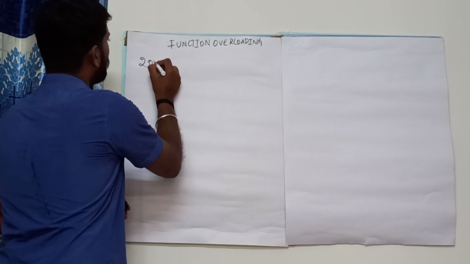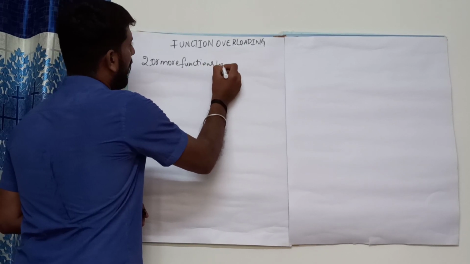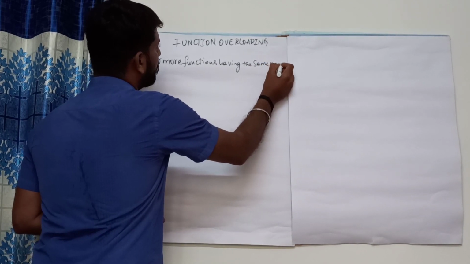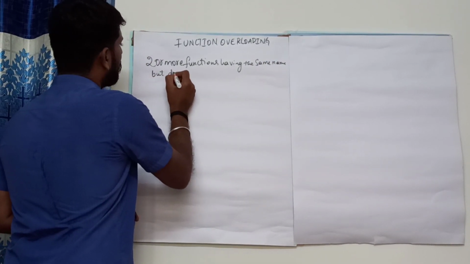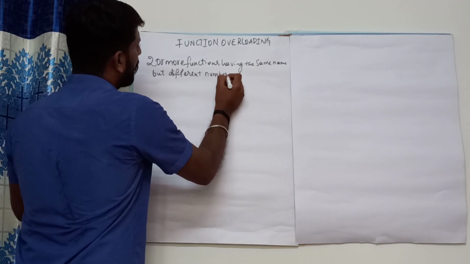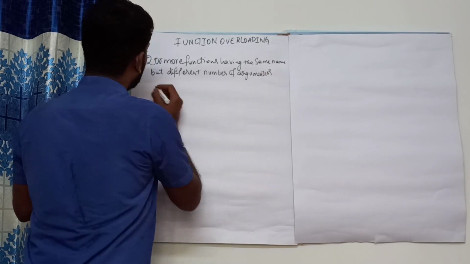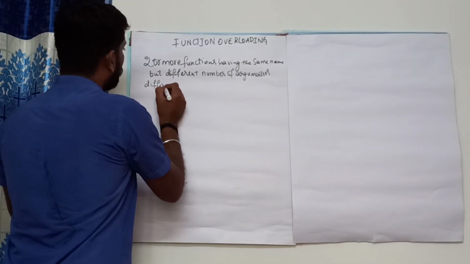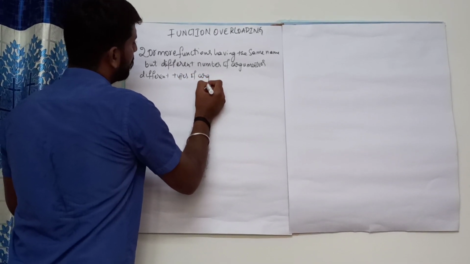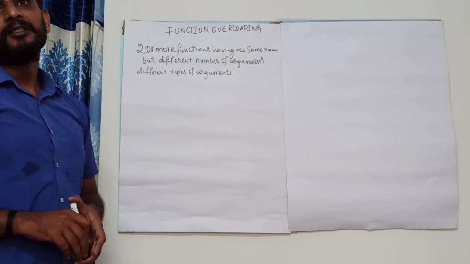So, 2 or more functions having the same name but different number of arguments or different types of arguments is known as function overloading.